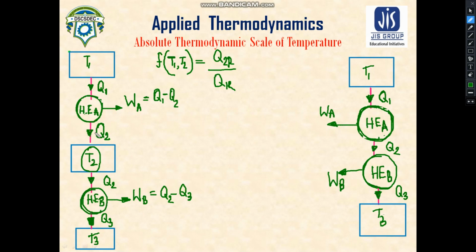Okay, so as you can see, two different reversible heat engines, heat engine A and heat engine B, are now operating in series.